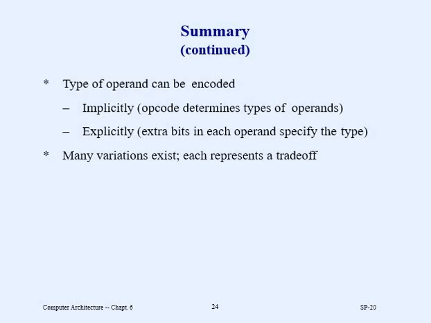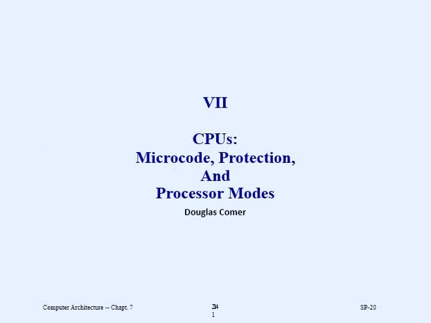Many variations exist, and each represents a trade-off. We have already discussed what is meant by trade-off. If you are not clear about trade-offs, go back to the previous lecture and listen to it again. You will get the idea of what a trade-off is.